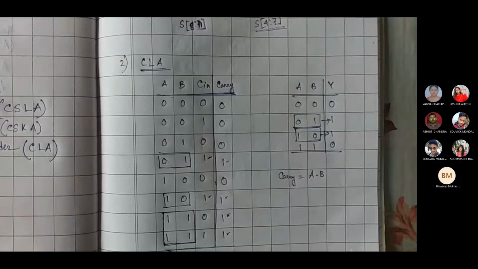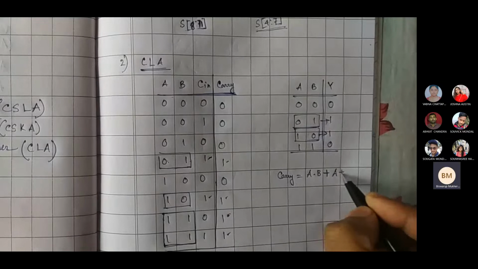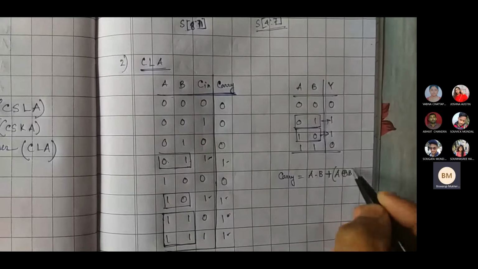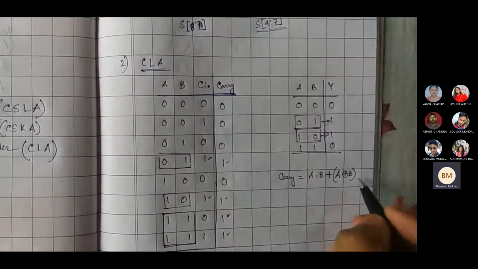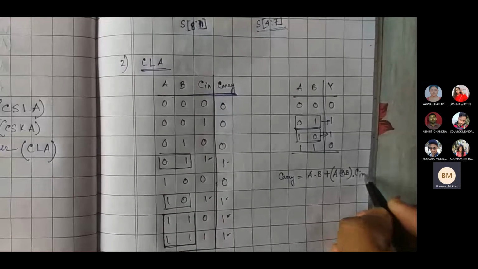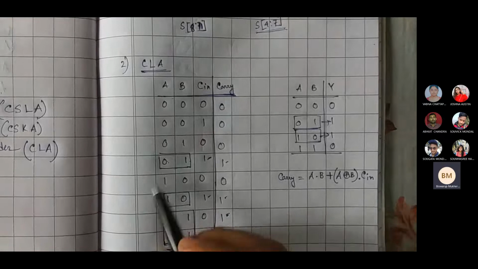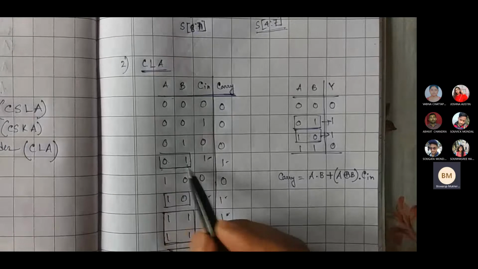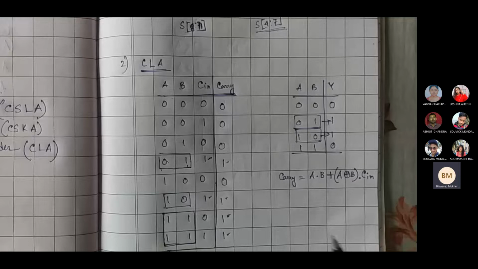Right. So we can write it down like this: A XOR B, where A and B are different, along with C in value 1. So you can take it like this: if A XOR B along with C in is there, then the carry should also be 1.